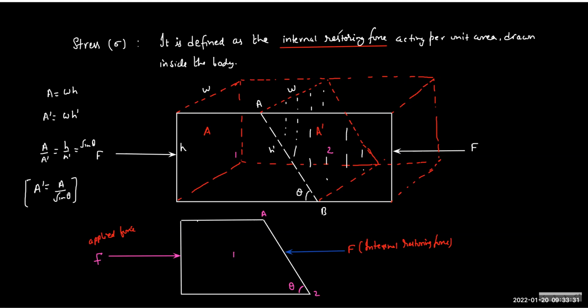If the question is only to find the internal force, I mean, if they don't explicitly mention the cross section, then your job is to cut into two symmetrical halves and then draw the FBD of any half to get the internal force. Is this clear? Is this clear? Yes, sir. Yes.